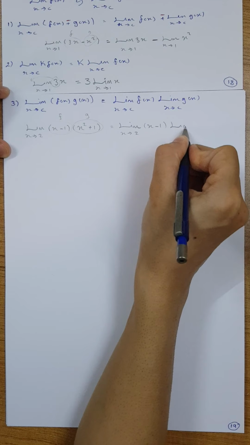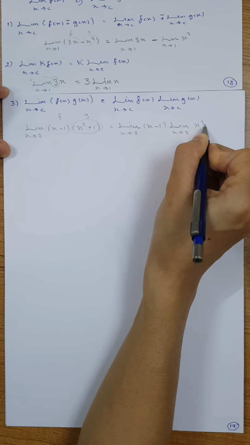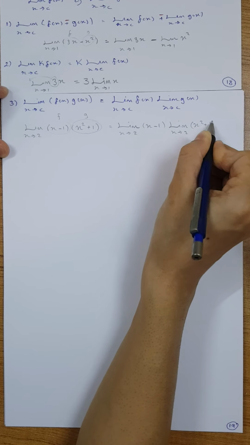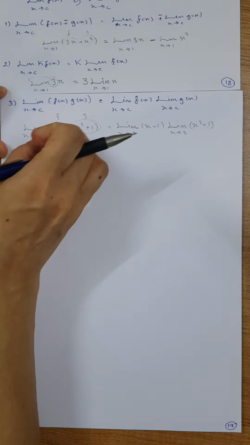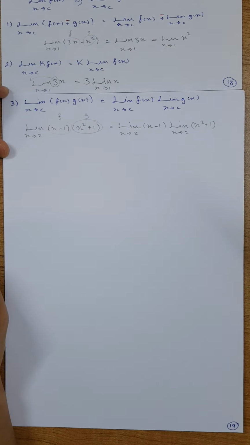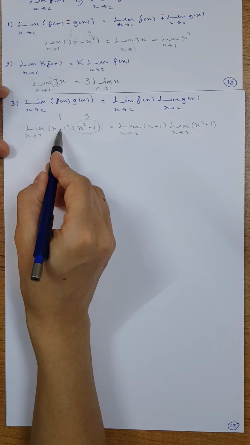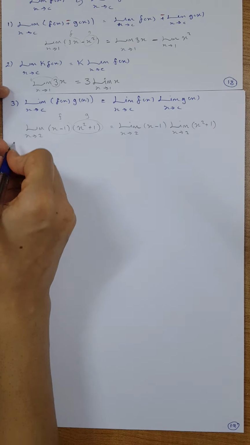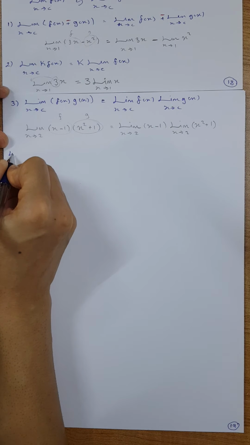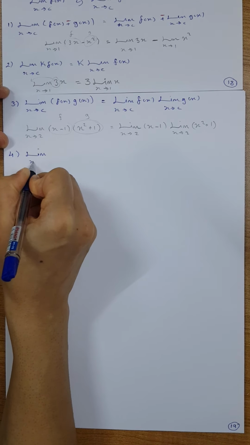So that will be the limit as x approaches 2 of x minus 1, multiplied by the limit of x squared plus 1. So I separated this one from that one with the limit for both of them. The limit is not just for this side or that side, it's for this one and that one multiplied together.